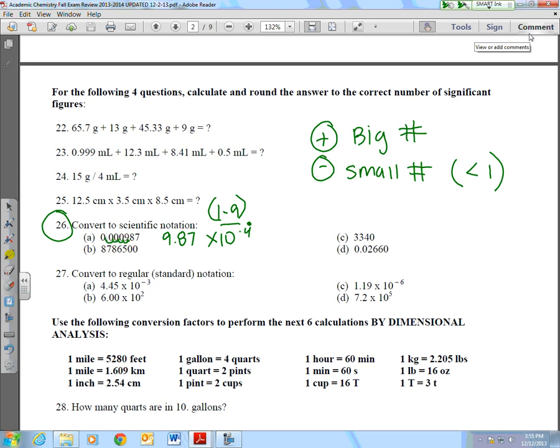Small, so my exponent's negative. Does that make sense? Big number would be greater than 1. It's 0.000987. Do you see what I'm saying? The original number. Does that make sense? The original number. Yes, sir.